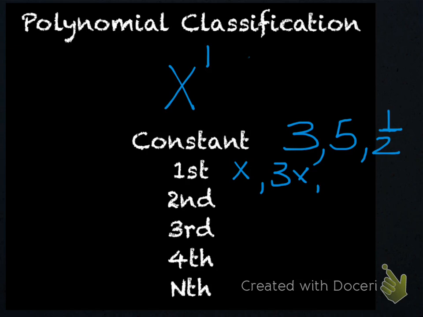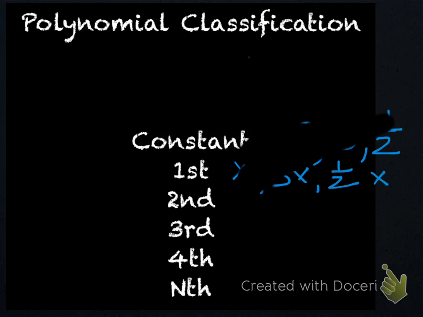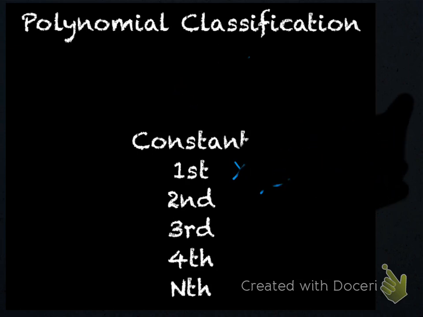You could also say 1/2 x. Second degree would be if its exponent was a 2. And so on and so on. I think that's pretty straightforward, and I've got a small space, so let's just do it this way.